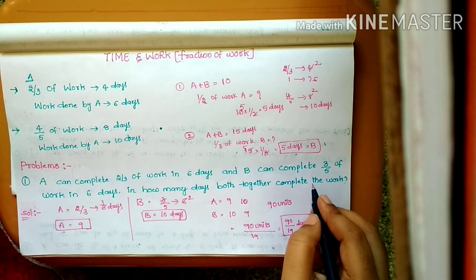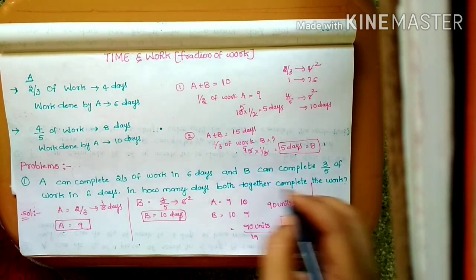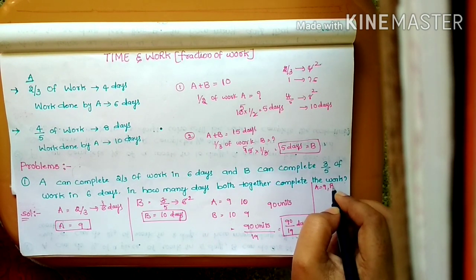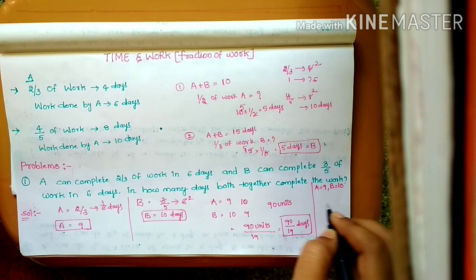This can also be done another way. A is equal to 9, B is equal to 10, both together.